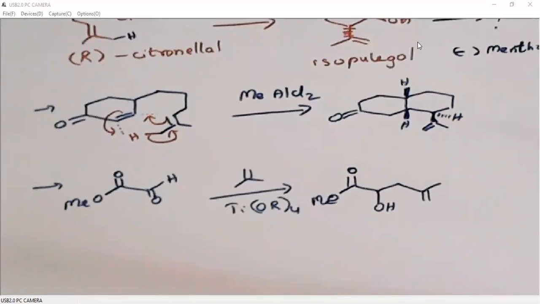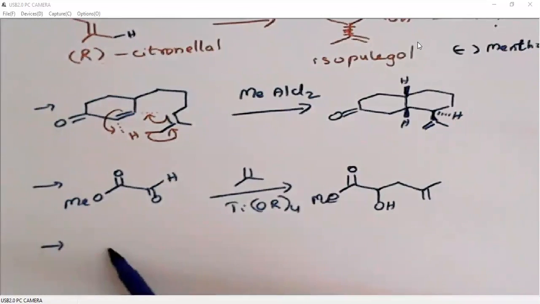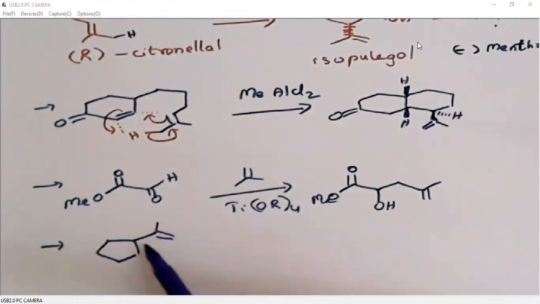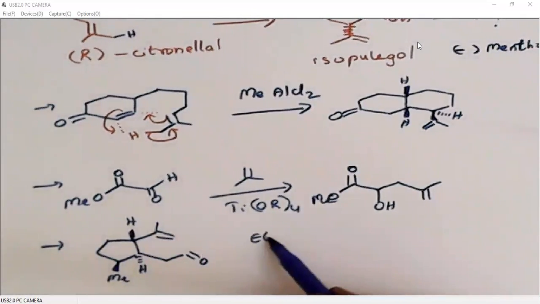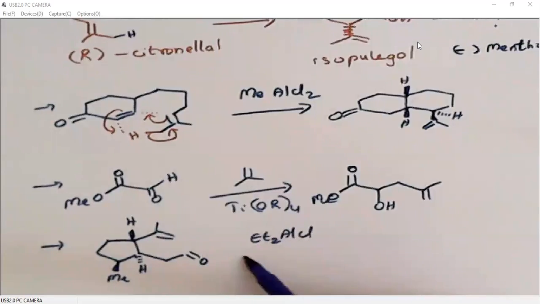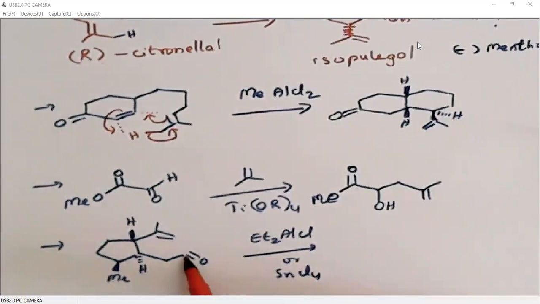Now we will see a similar alkylation reaction. It is treated with diethyl aluminum chloride or tin tetrachloride. It undergoes alkylation on this carbonyl.